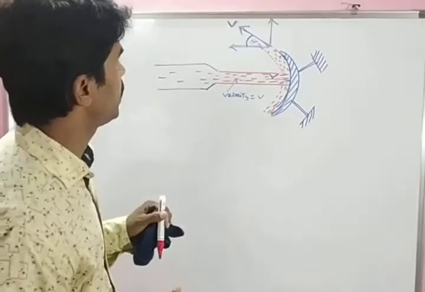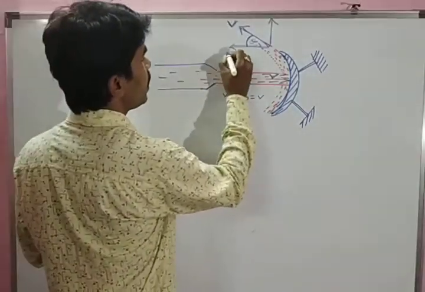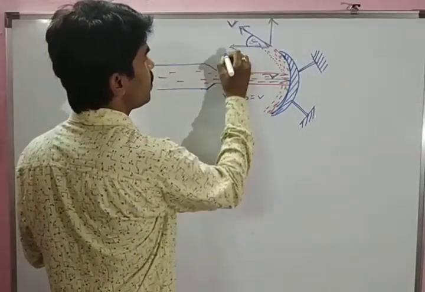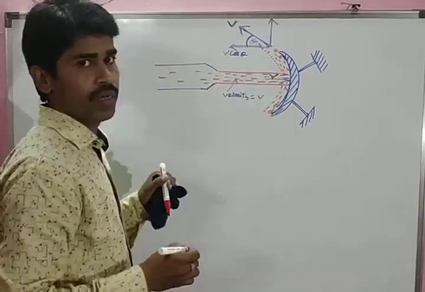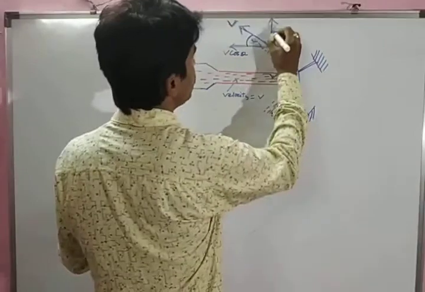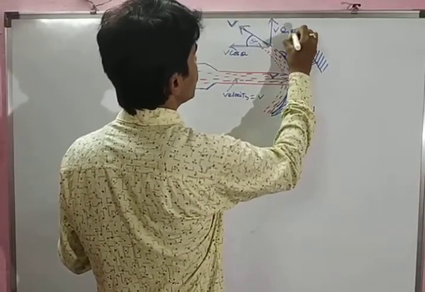So this angle is theta. If this is theta, then this will be the horizontal component of v, so we can write it as v cos theta, and the vertical component of the velocity v will be v sin theta.